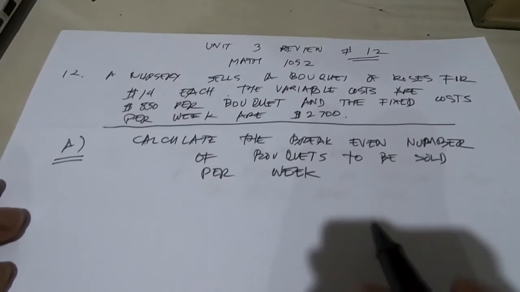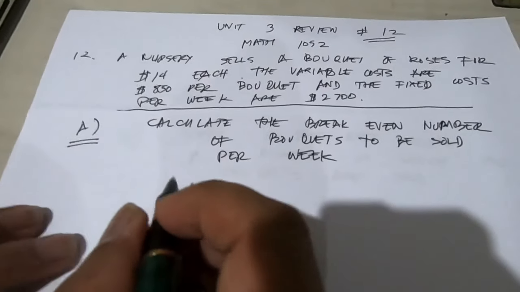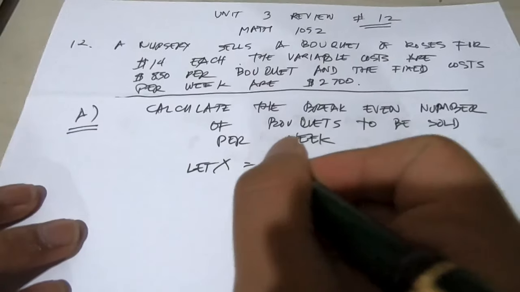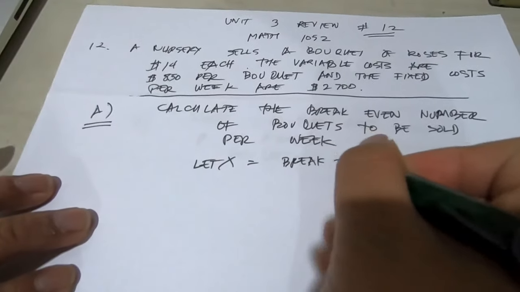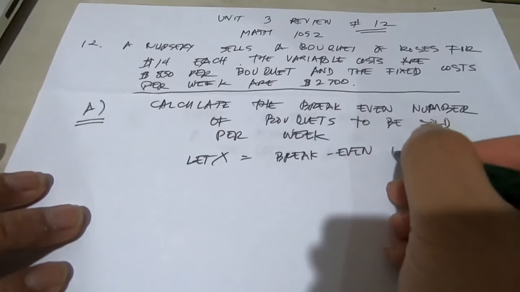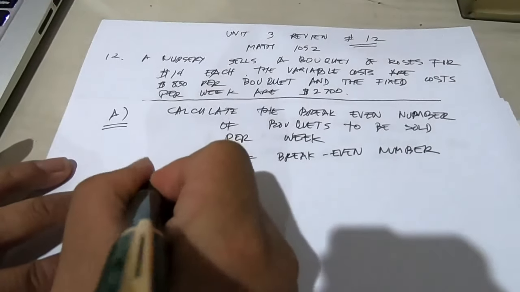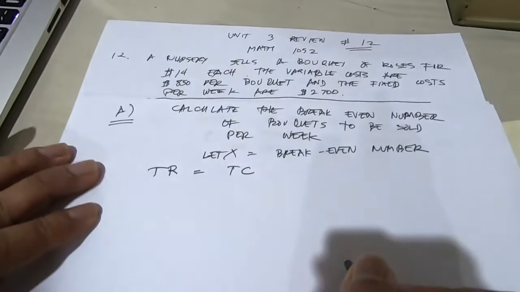All right, and here's how you do this. First of all, you have to let X equal the break-even number. Right, so the equation would be total revenue equals total cost, right?